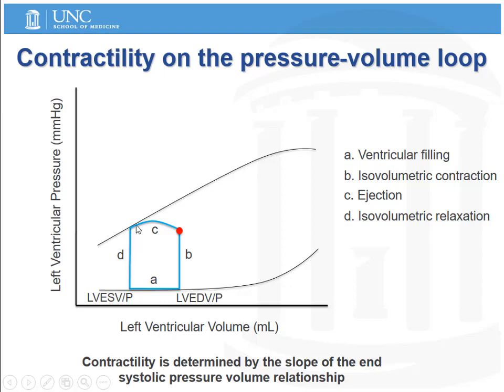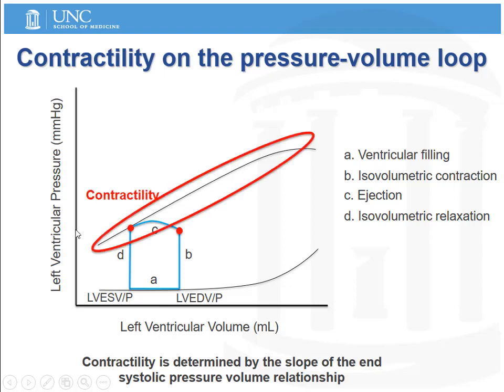So the contractility then is essentially measured by this active curve. And remember, at every point along this active curve, there's a maximum contractile force that can exist for a given preload. So if this line shifts up and to the left, there's an increase in contractility. And if it shifts down and to the right, that's a decrease in contractility.